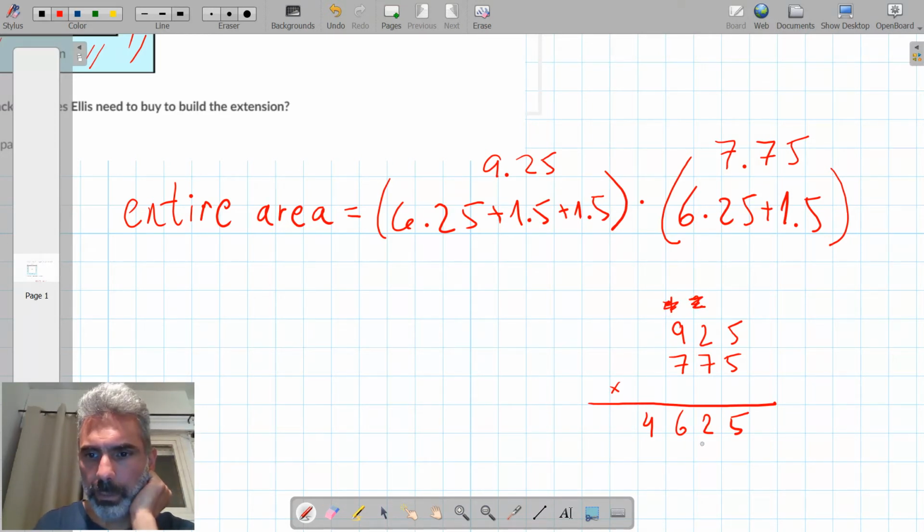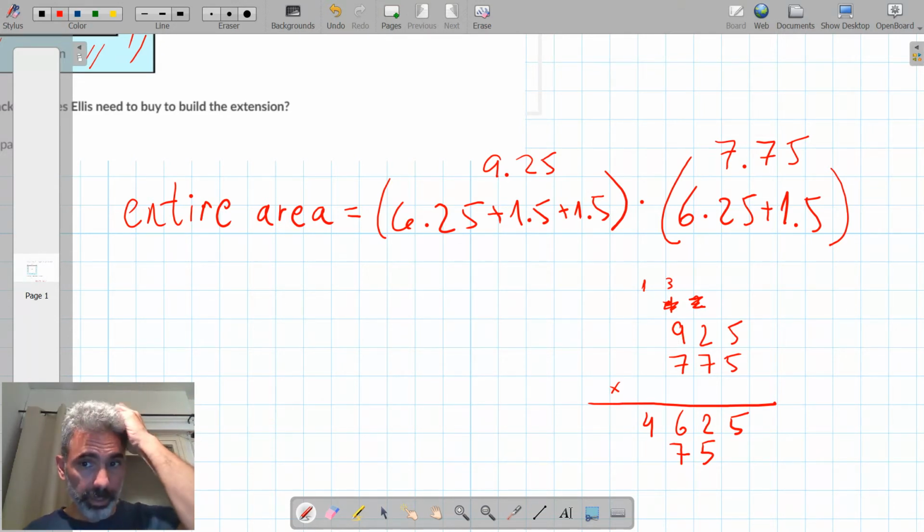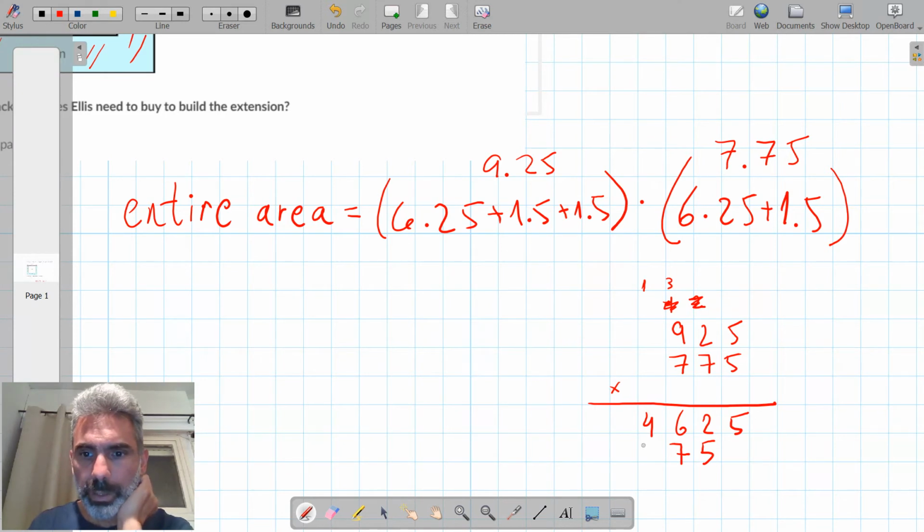Seven times 5 is 35. 7 times 2 is 14, plus 3 is 17. 7 times 9 is 63, plus 1 is 64.